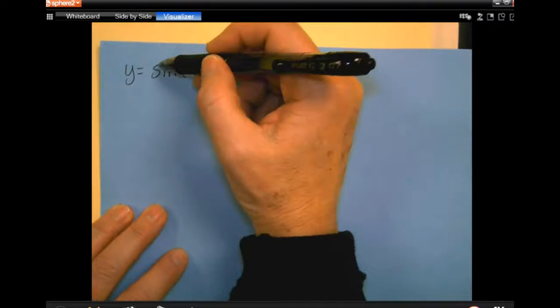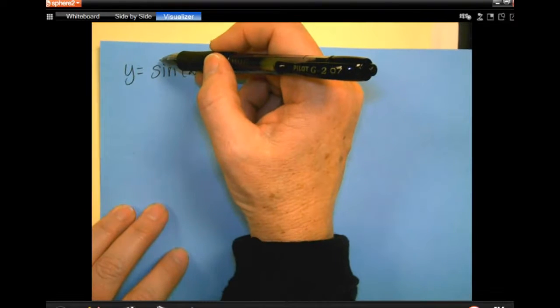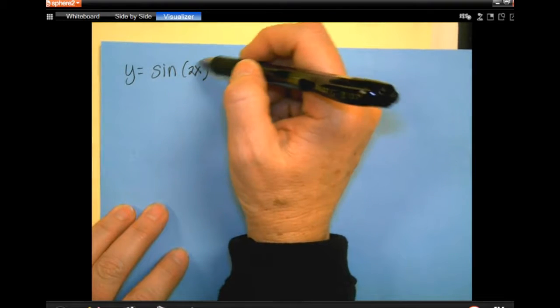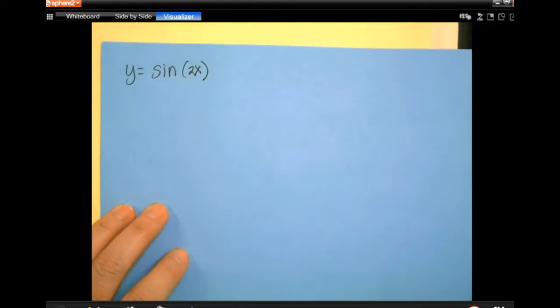Okay, so y equals sine of 2x. So the 2 is not in front of the sine, because if it's in front of the sine, that's amplitude. If it's in front of the x, that's the coefficient in front of the x. So first of all, is that degrees or radians? It's radians, because there's no theta. Very good.